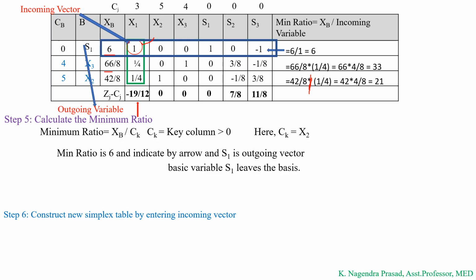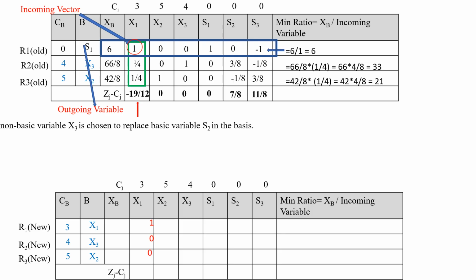So next once again we construct the new simplex table by entering the incoming vector. Now we construct the new simplex table by entering the x1 variable in the basis in the place of S1, and similarly enter its cost coefficient value, 3, in the CB column.